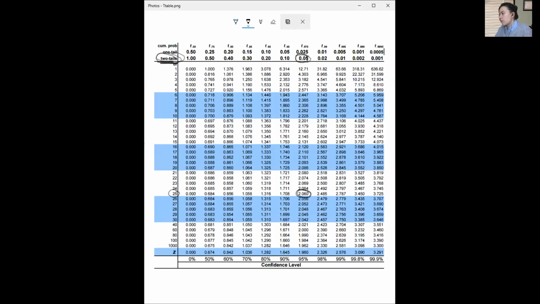I look for the level of significance that I'm using in this case, which is 0.05 or 5%. And then I look at the row, which is the number of degrees of freedom, right? So we found that in our case, the number of degrees of freedom was 25. And so I just have to look at the intersection between this column and this row. Okay, and that for us is 2.060. All right, thank you.